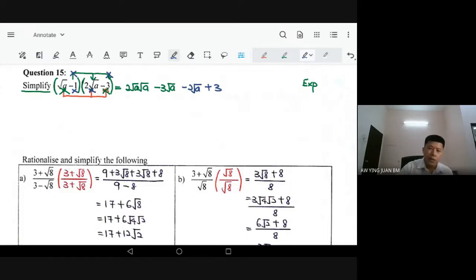Boleh. So kalau you rujuk kepada ini, actually this is the indices. What does it mean by indices? A to the power of 1 over 2 multiply with A to the power of 1 over 2. So we will have A to the power of 1. Indices. Okay? So answer will be 2A.